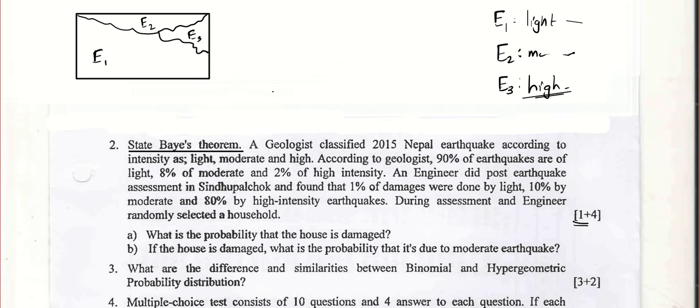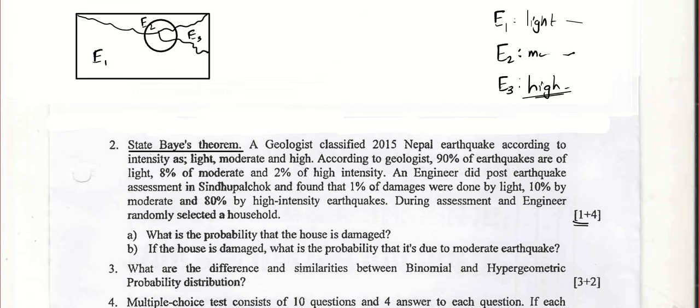Now you have to read the question properly and find something common to these events. Maybe it will be common for all of them, or maybe for 2 of them, and sometimes there will be more than 3.